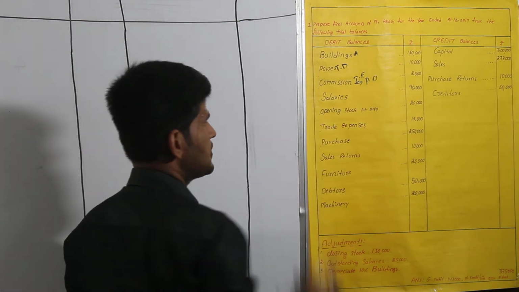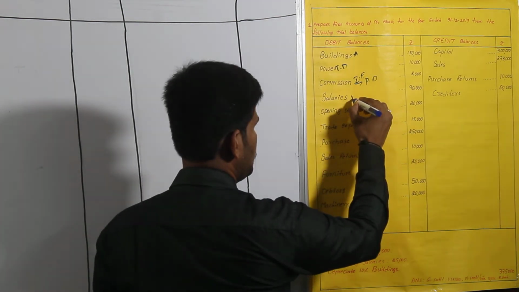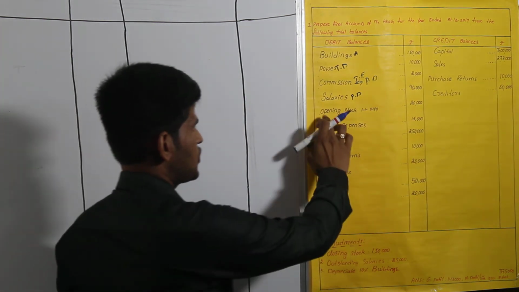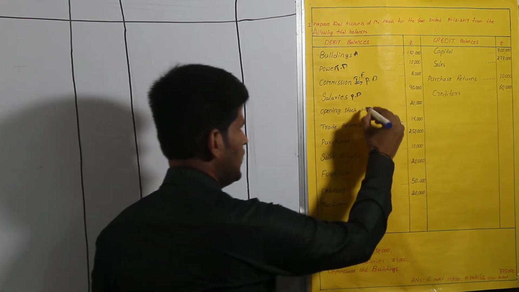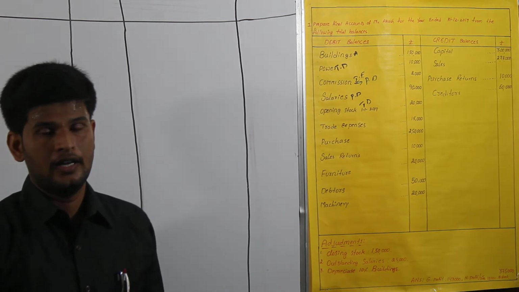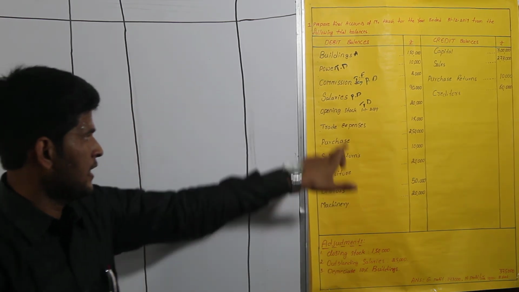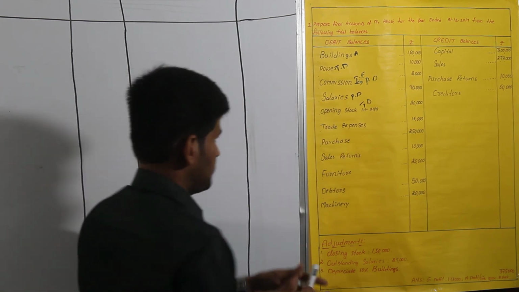Salaries is also an indirect expense, and it also goes to the profit and loss account, debit side. Next, opening stock. Opening stock is always in the trading account, debit side. When we start the proforma, the first transaction we write must be opening stock. Other transactions we don't enter here.